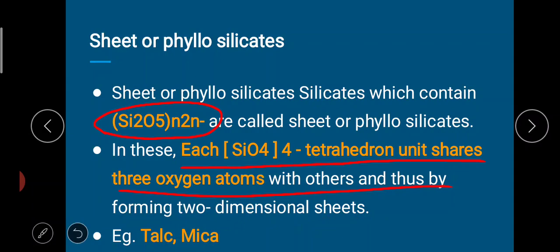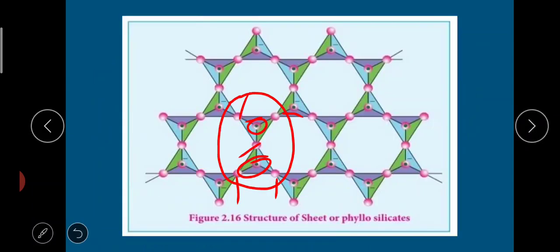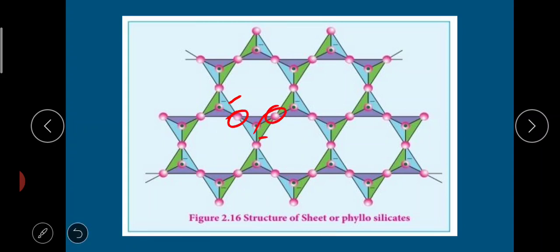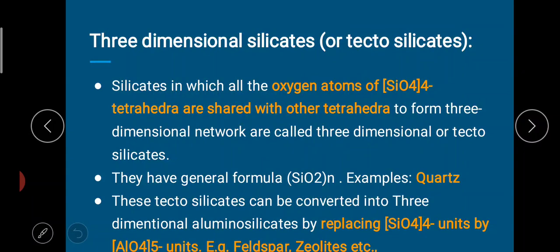And here each tetrahedron unit shares 3 oxygen atoms. Each tetrahedron, this one part alone, they are sharing 1, 2, 3 oxygen atoms. So wherever you see, they share 3 oxygen atoms. Is it clear children?